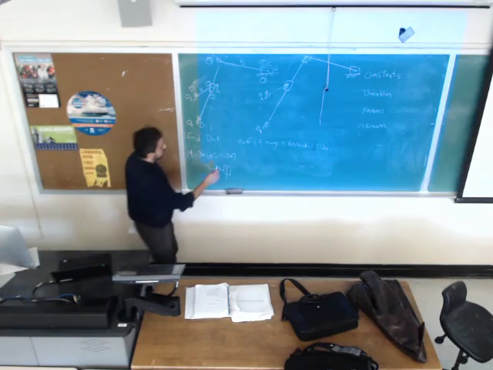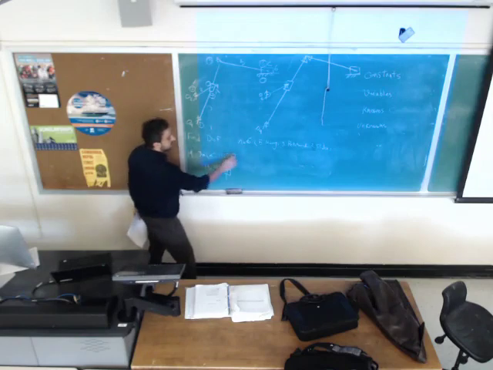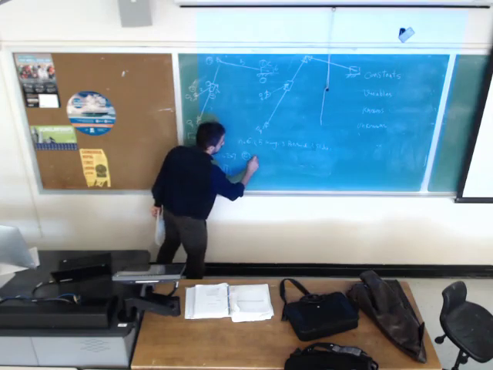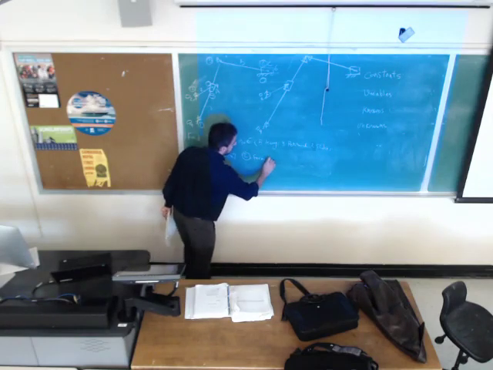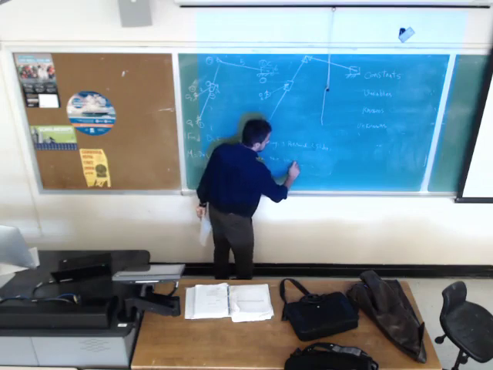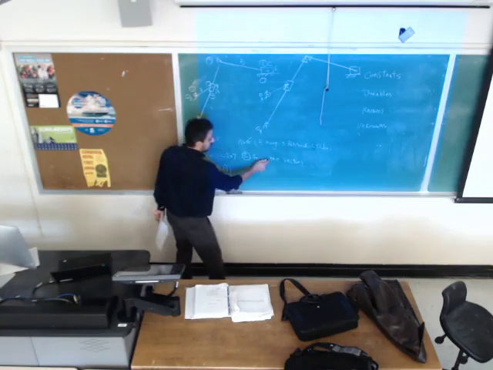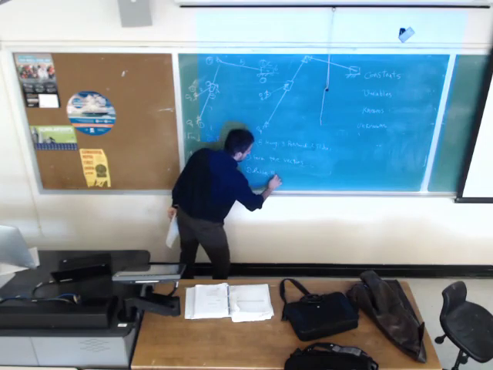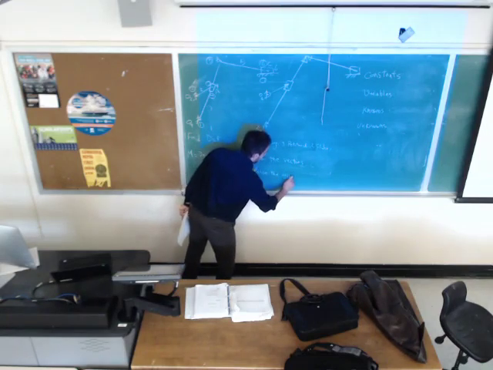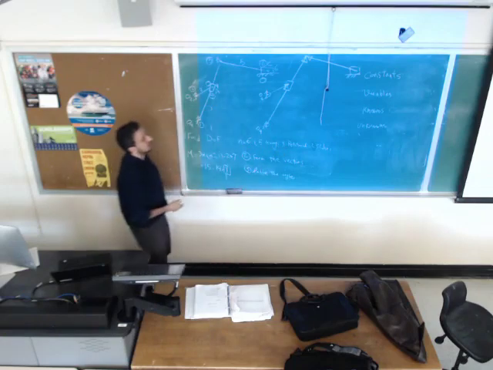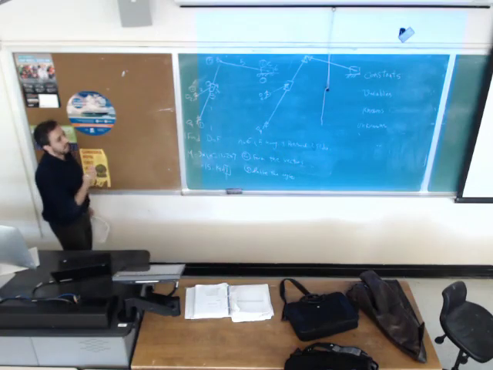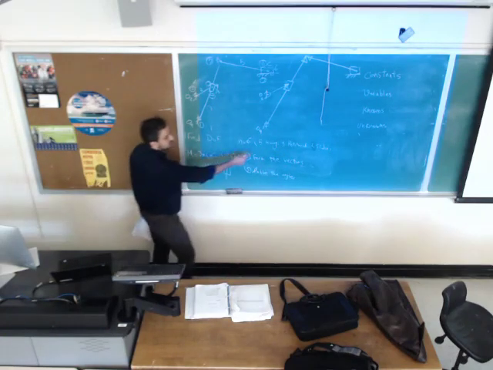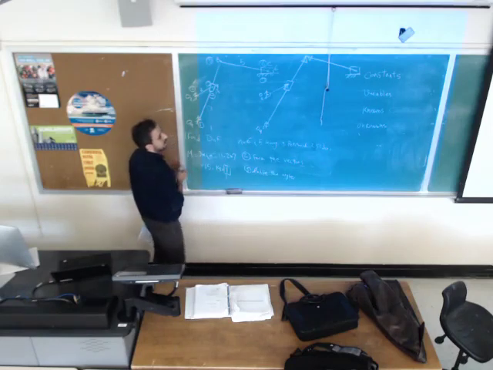So first step, find the degrees of freedom. Second step, form the vectors, just vectors. After you form the vector, you can label the angle. I have 3 rotational, so I have to have 3 angles. I should define 3 angles because 3 links are rotating.